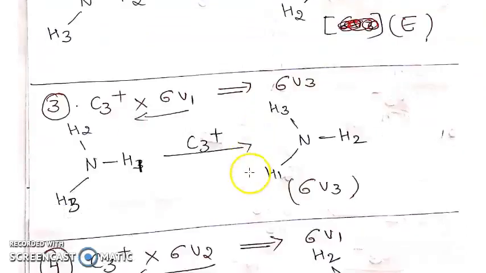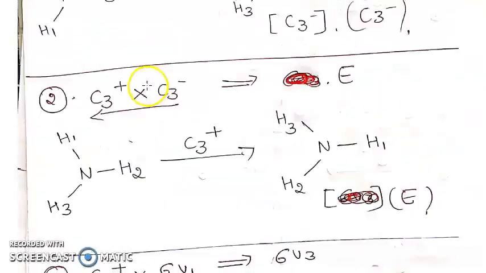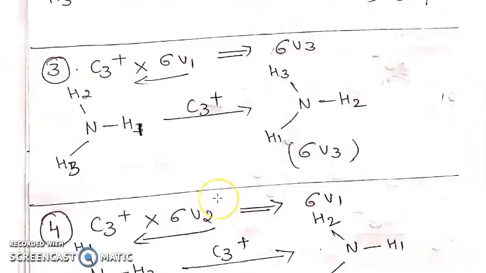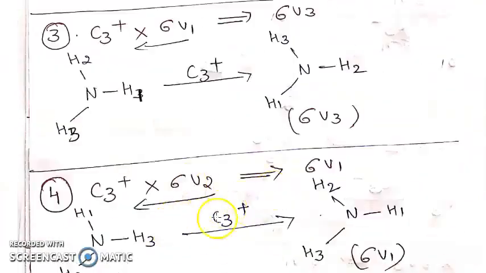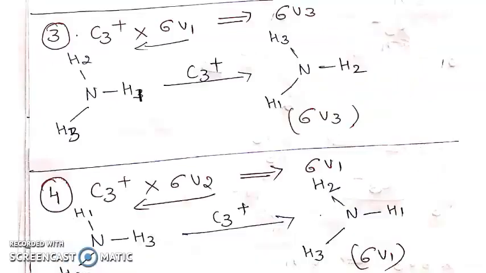Similarly, C3 plus into sigma V2. First you write sigma V2, which means this molecule. For this molecule, you have to do the C3 plus operation.